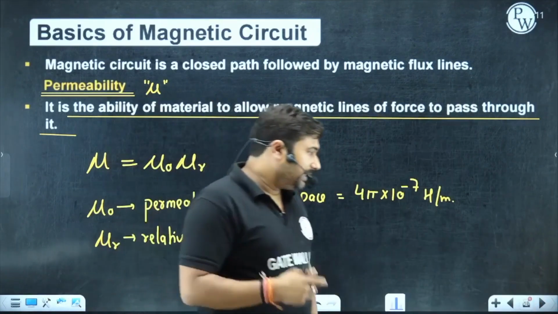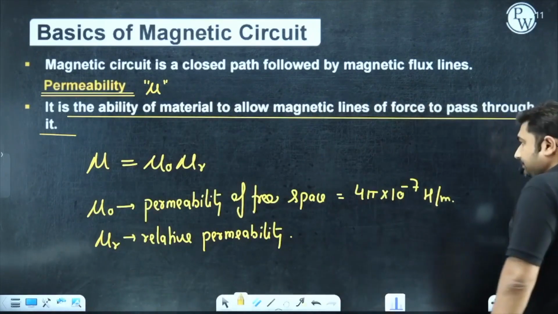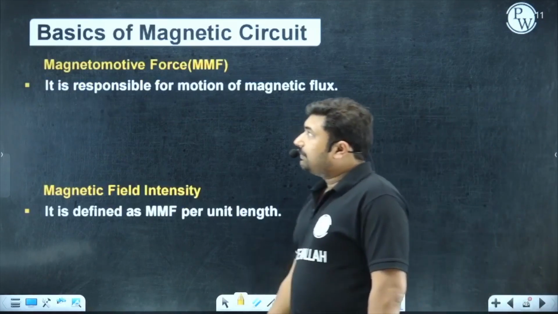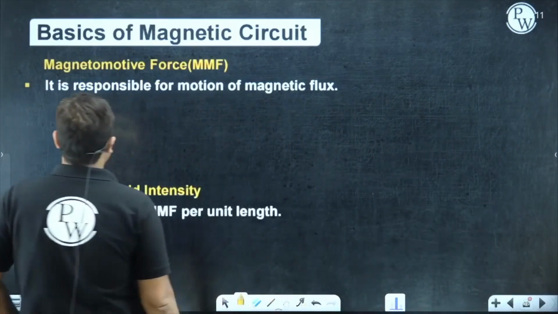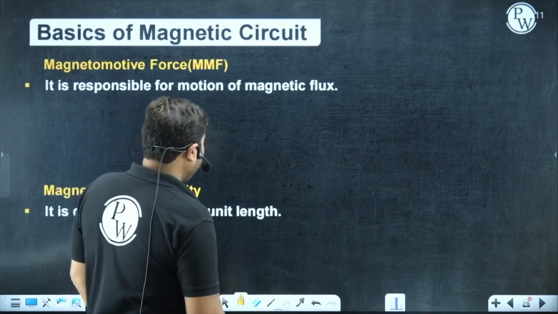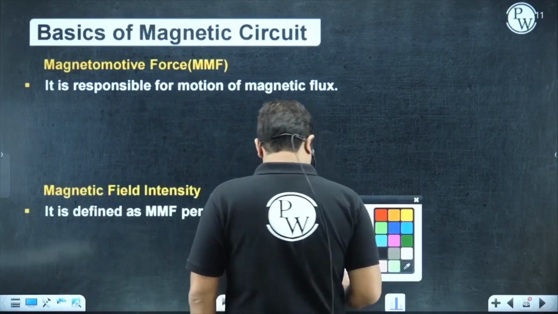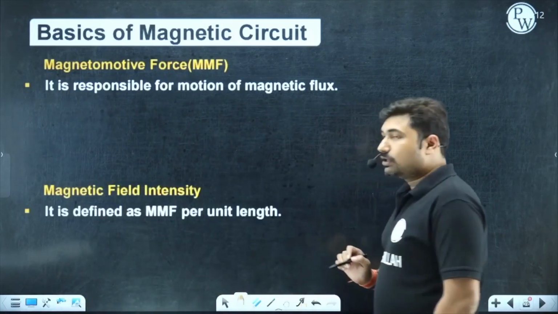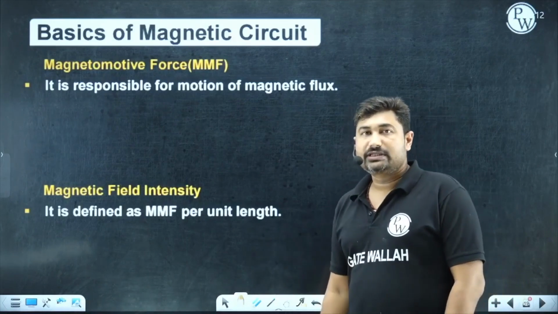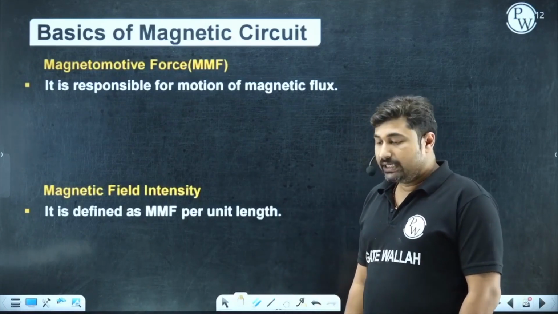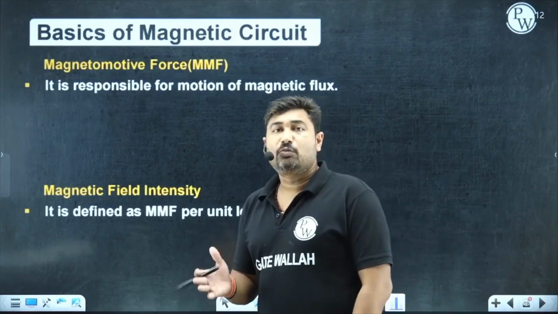Now please observe here. Some basic concepts of magnetic circuit. First I am going to show you MMF, magnetomotive force. What is magnetomotive force? It is similar to electromotive force.